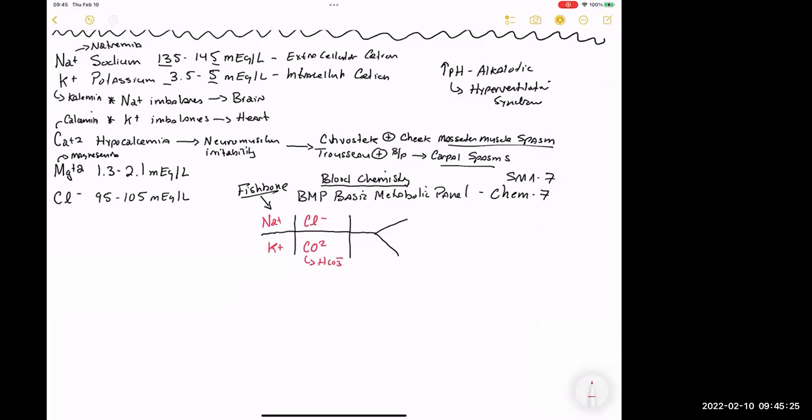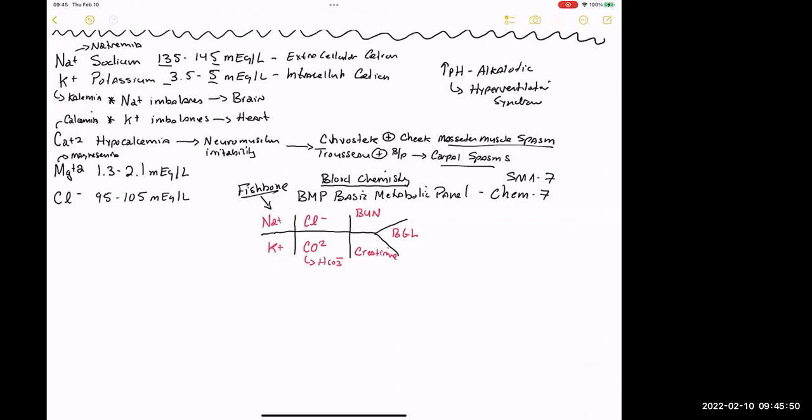So just think of that as the bicarbonate. Something called the BUN, or the blood urea nitrogen. Something called the creatinine. And then the patient's blood sugar, their blood glucose level.